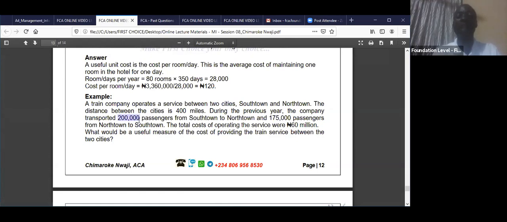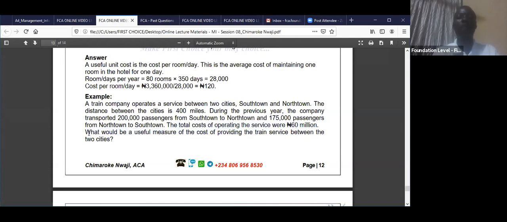So now they are relying on the previous year to make a forecast for what they will do the next year. All right, from here down to here. And they also carried 175,000 passengers when they are returning back. The total cost of operating the services was 60 million.